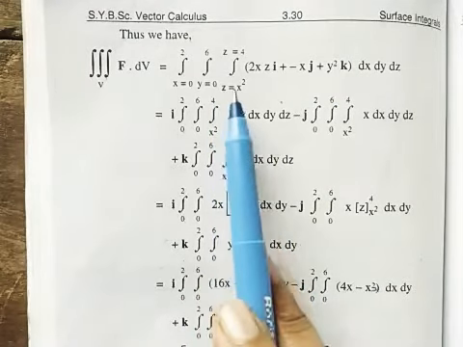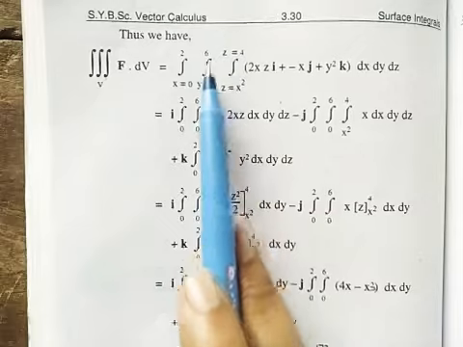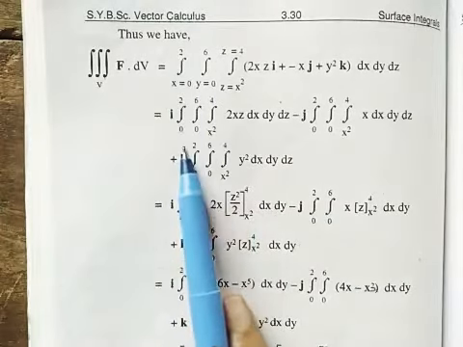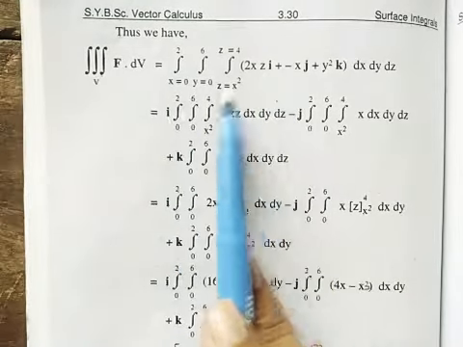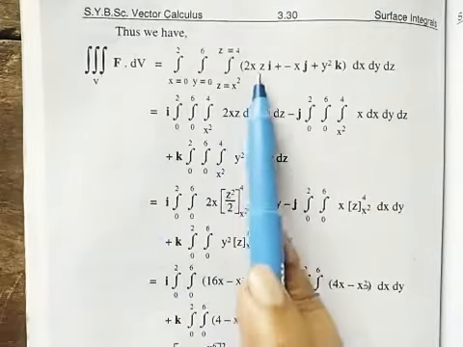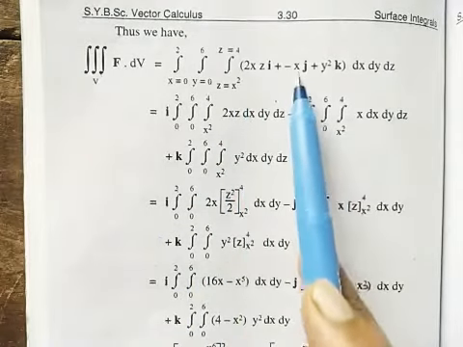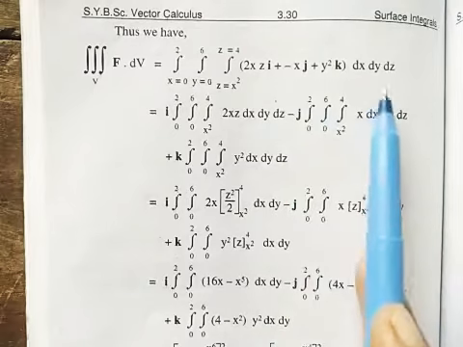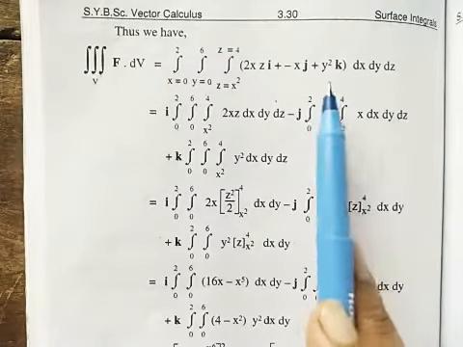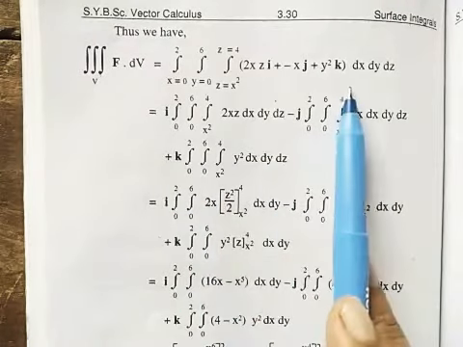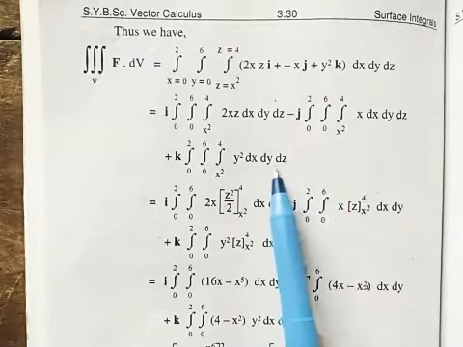Now let us take i common, triple integral 2xz dx dy dz, minus j common, triple integral x dx dy dz, plus k common, triple integral y square dx dy dz.